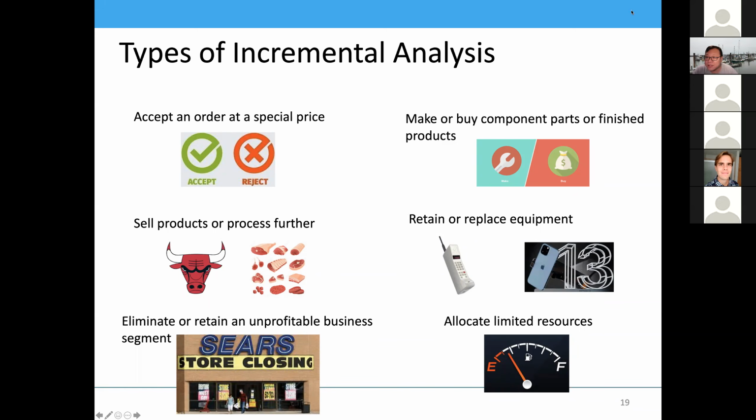Any questions? Do you like this slide? Is it pretty? Yeah, it's pretty. I was confused at the selling product. I thought with the Bulls, like the basketball team, I was like, why are we comparing a basketball team with meat? Yeah, sometimes I feel that I'm trying, because this is all cartoonish drawing. If I put a real bull, it just doesn't look nice.